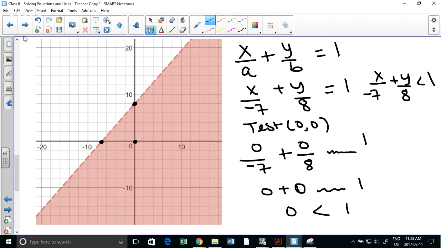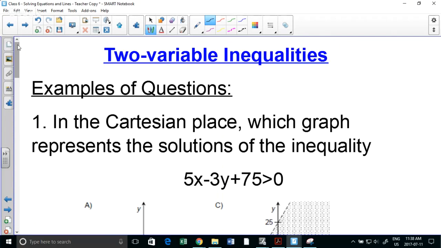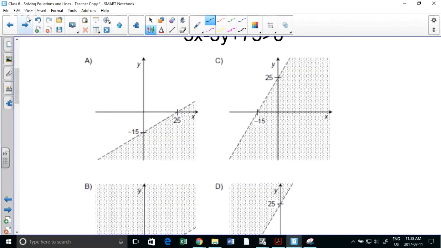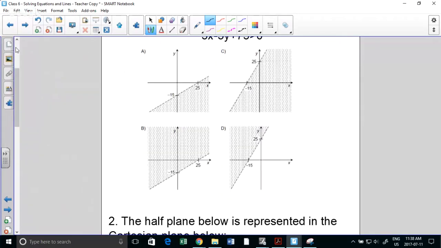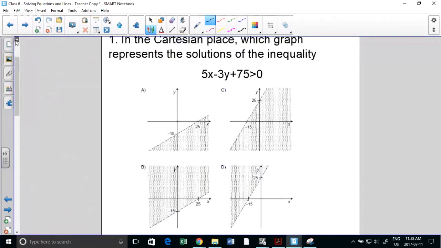So quickly, just to finish this off, we'll look at 2 problems that are something that you could expect to handle on the final exam. This type of question comes up extremely frequently. It's a multiple choice, a part A question.